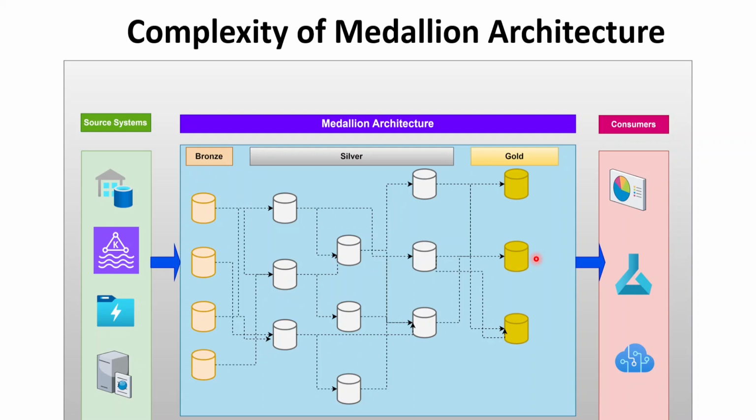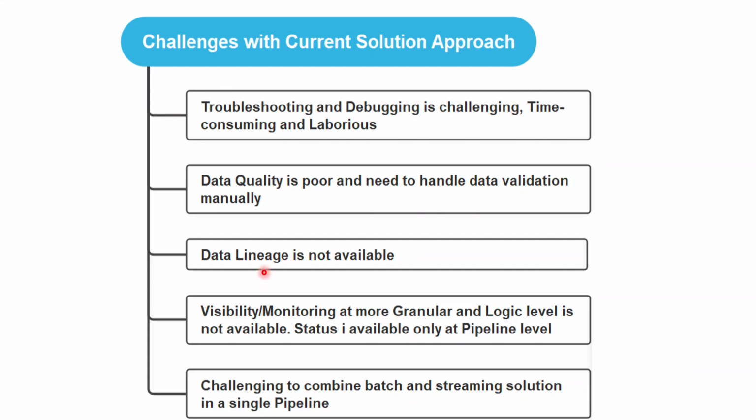We don't have any such mechanism to monitor the lineage visually. Instead, we have to go through the code and understand through the code. For example, we have certain logic for this table. At the end, this is going to load the data into this table. We have to understand this manually through the code. Then we have to understand the lineage, then we have to fix. So we don't have any proper lineage.